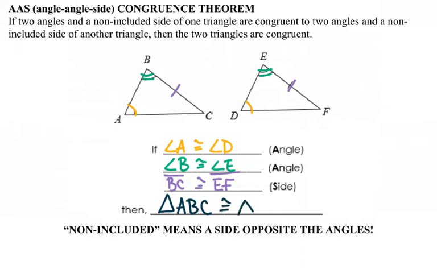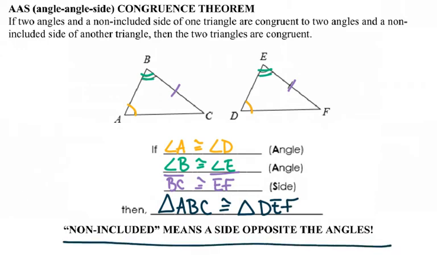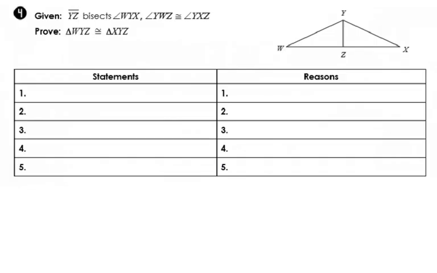So the only difference between this theorem and the one we just talked about is the location of the side. So non-included means a side opposite the angles, not in between them.